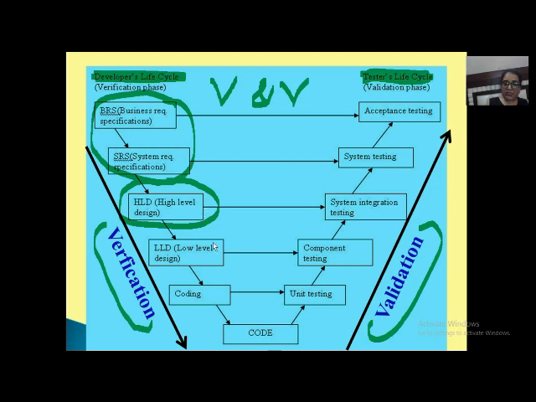Again you have a second design, the low level design, which is also called the module design, basically of the complete system. Each and every module is designed here. This is done only after the high level design is ready. Here component testing is done in parallel.